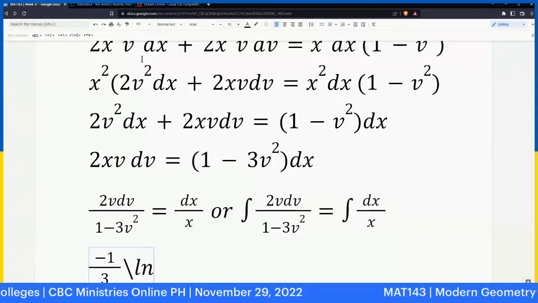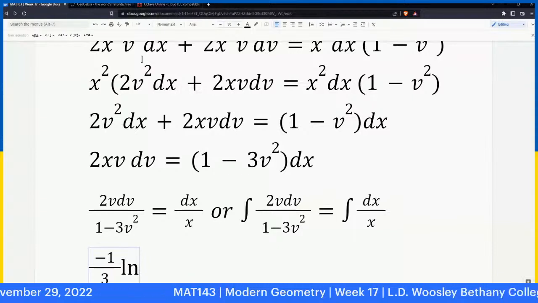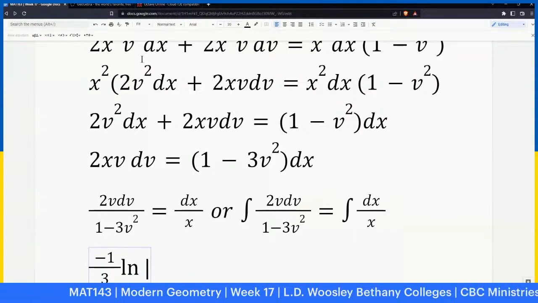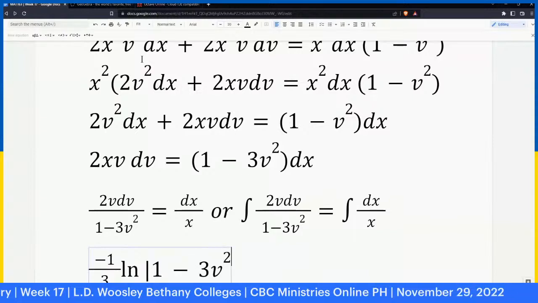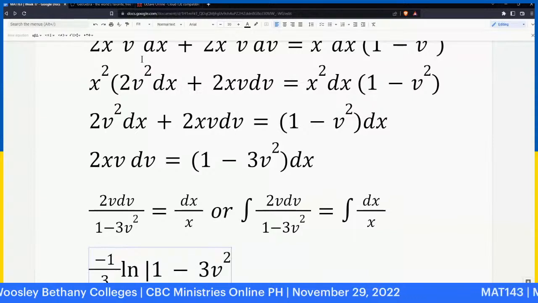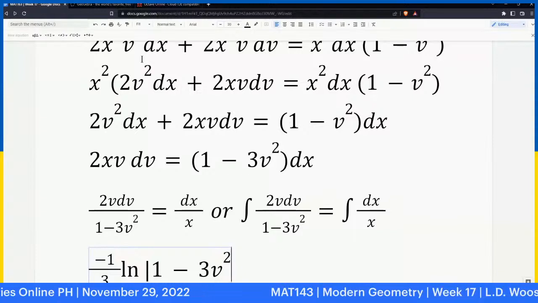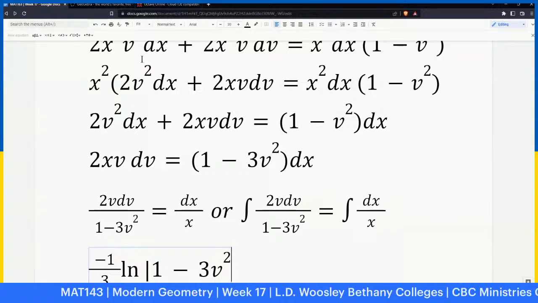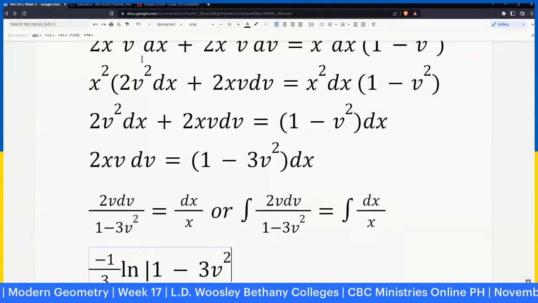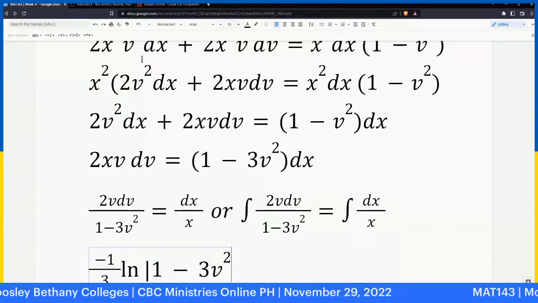Magiging ln yan. Ln of 1 minus 3b squared. Integral of du over u is ln u plus c. Okay? Gets ba?